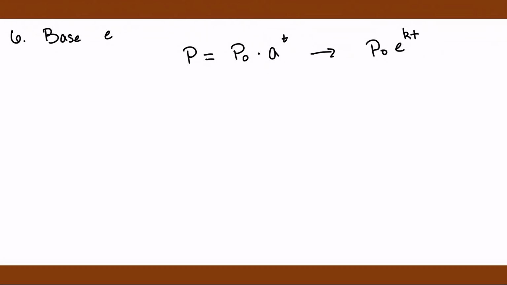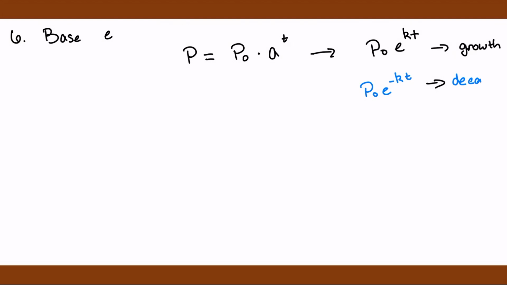So if there's no minus sign, then it's growth. If there's a minus sign, it's decay. So this one corresponds to growth. And this one right here in blue, some p naught e to the minus kt corresponds to decay.